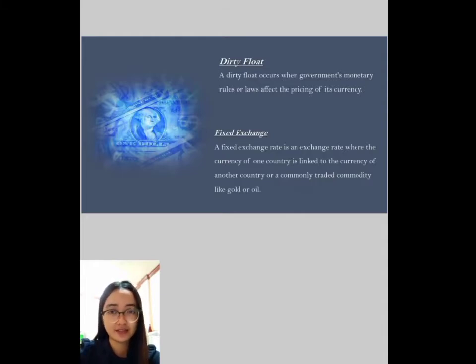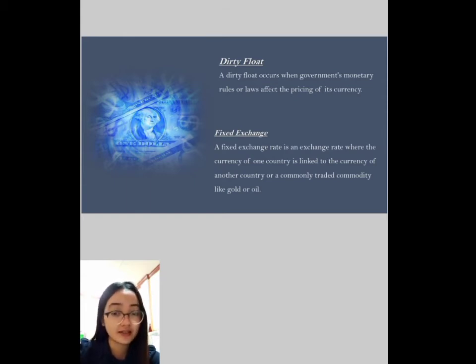So, the next one is dirty floats. What is a dirty float? A dirty float occurs when the government's monetary rules or laws affect the pricing of its currency. So a dirty float is a floating exchange rate where a country's central bank sometimes interferes to change the direction or the rate of change of the country's currency value.